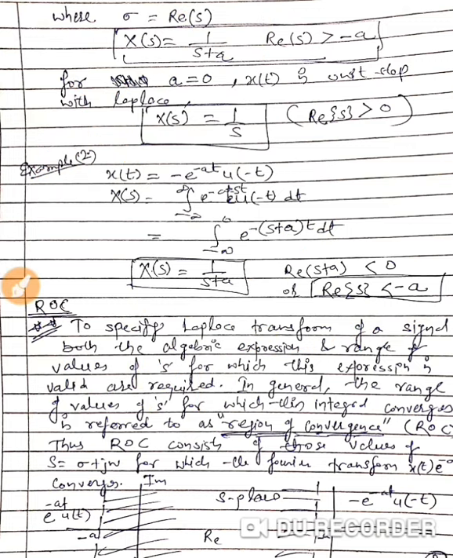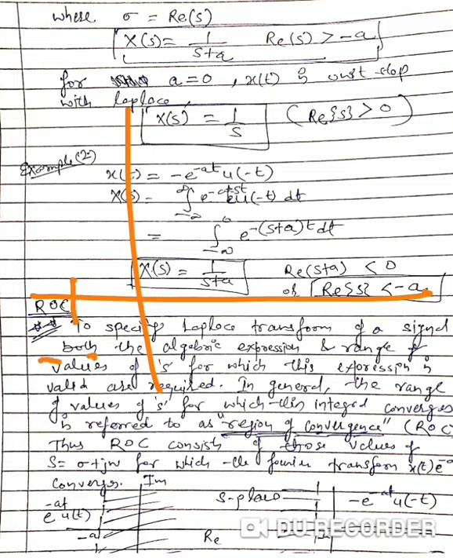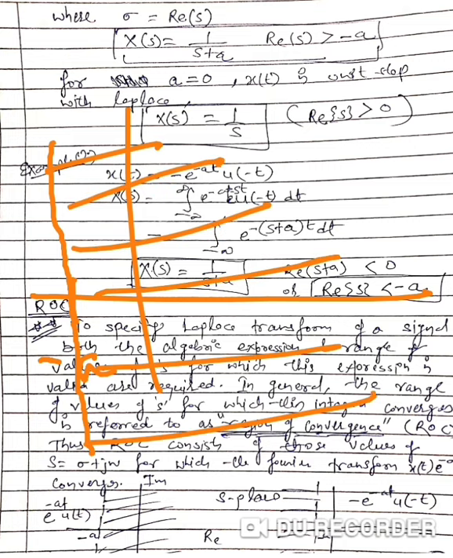Let's see. As a is a value greater than 0, minus a will be somewhere over there, and our Laplace X(s) will exist only for this region of the s plane.